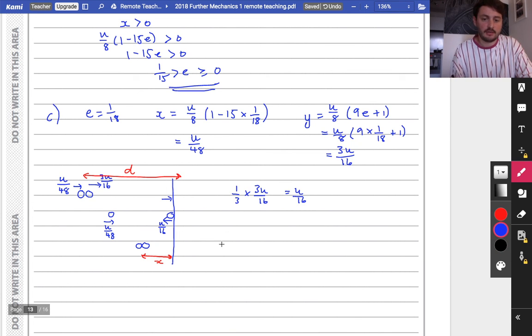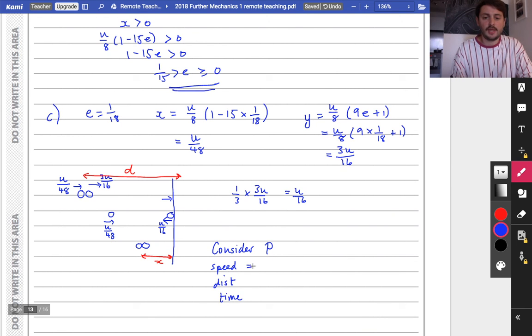There's some journeys. I'm going to consider P. And I need to know certain things about it. I need to know the speed it's travelling at, the distance that it's travelling, and then I can work out what the time is. Well, the speed is u over 48. And the distance it's travelling from here to this collision point, if this is d and this is x, is d minus x.